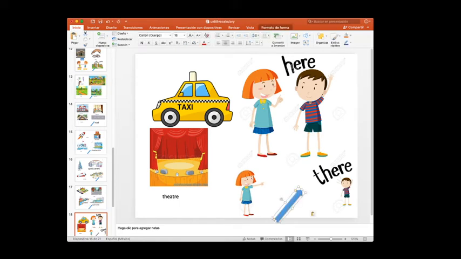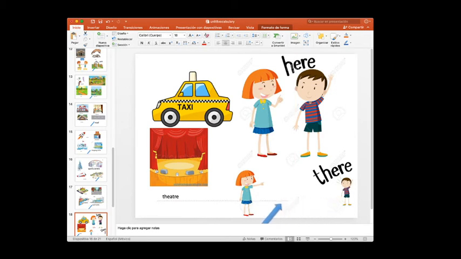Here we have taxi. This other one, thither. And if you have some questions, here is almost near the other person. And when you are far, there is there.